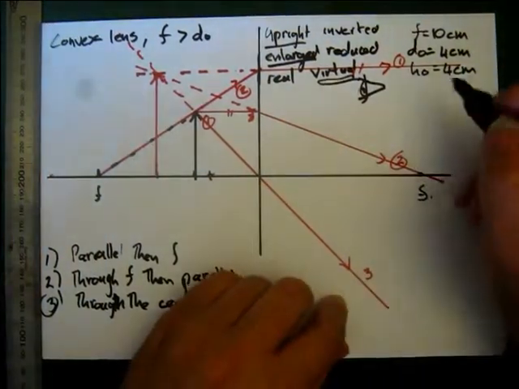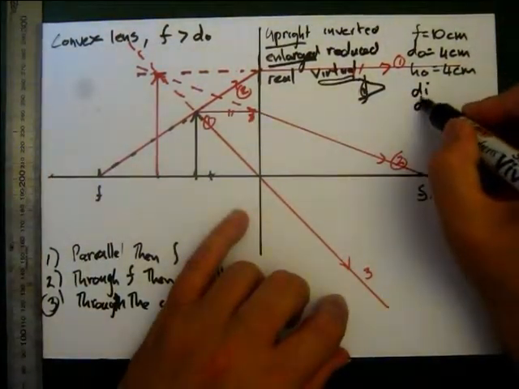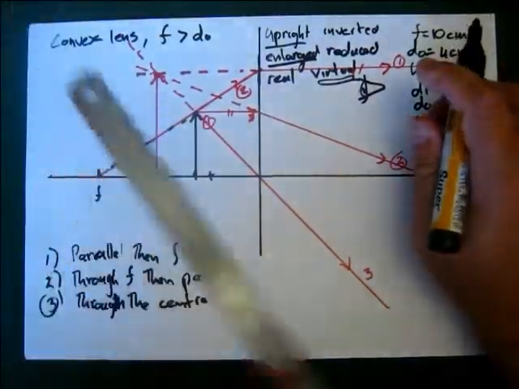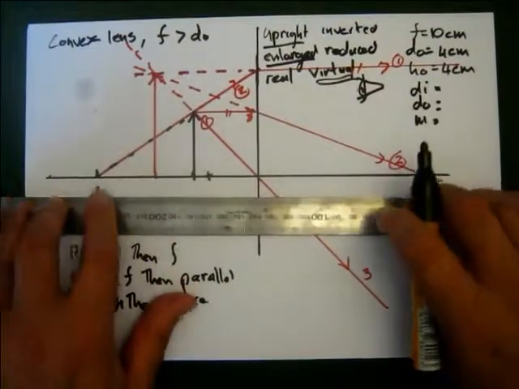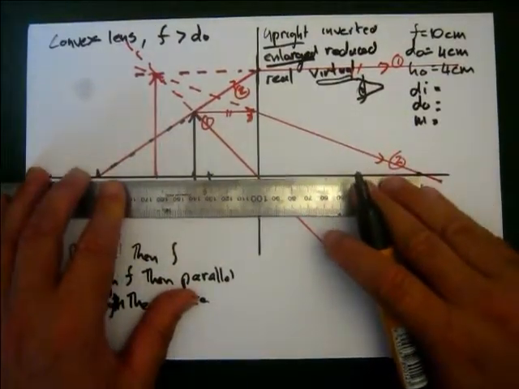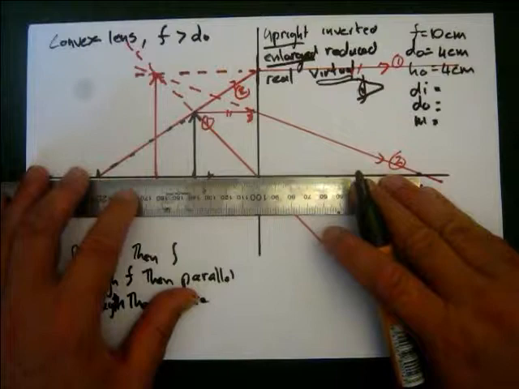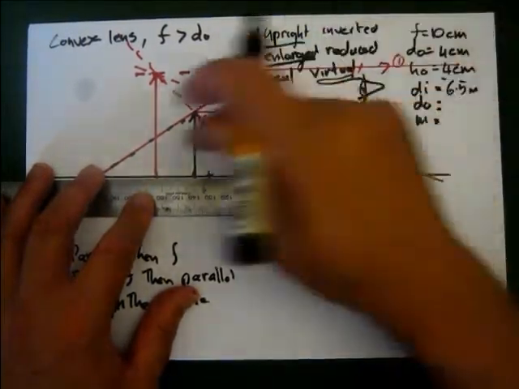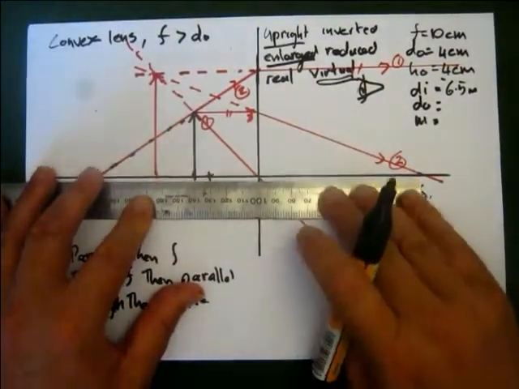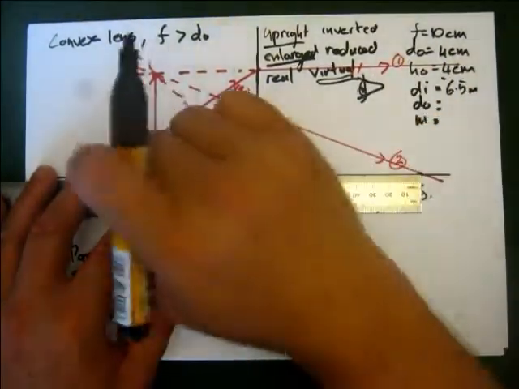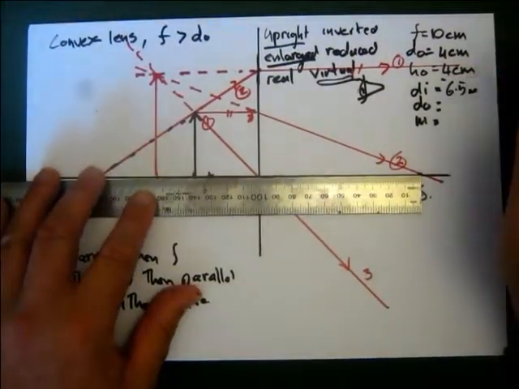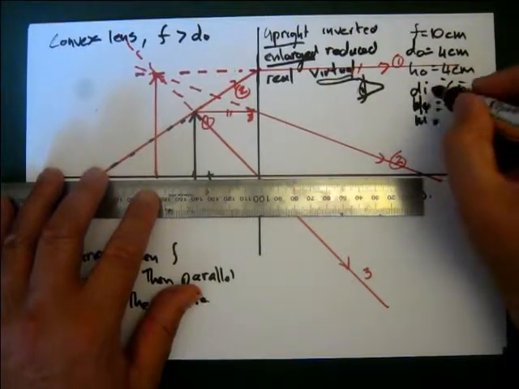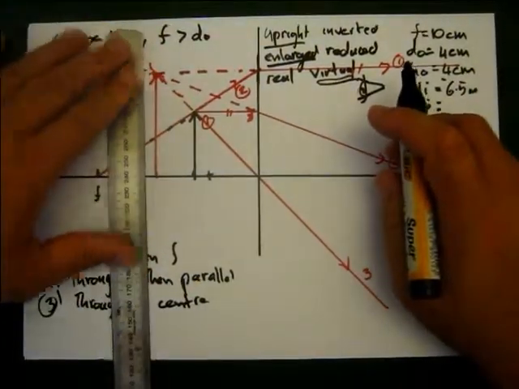Okay, so then we've got the information we want, DI, HI. So we can just directly measure these. DI is going to equal, what's that, 6.5. And it's going to be negative because it's on this side of the lens. If the image is on this side, it's positive. If it's on that side, it's negative. But we'll check that in a second. HI, sorry, I should have said HI. I want to find out how high this thing is.